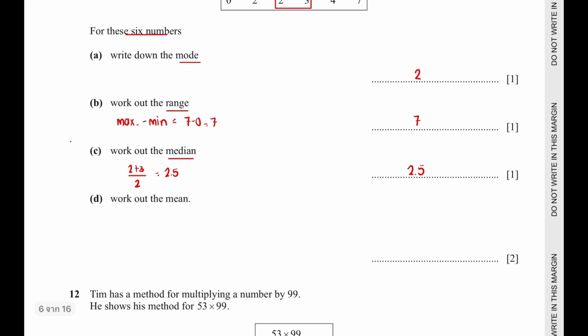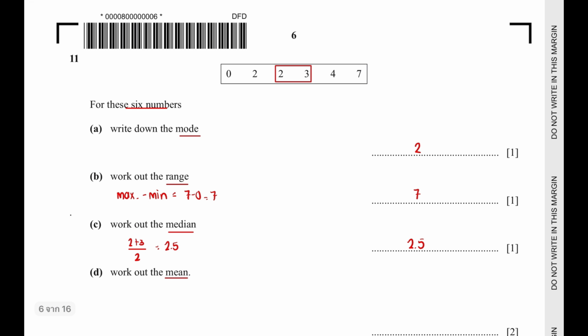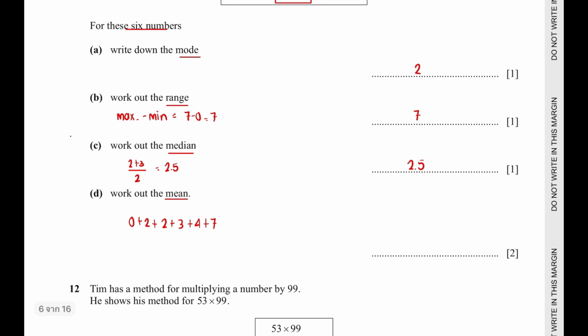And then work out the mean. So mean equal to 0 plus 2 plus 2 plus 3 plus 4 plus 7 divided by 6. So 7 plus 4 is 11, 11 plus 7 is 18, 18 over 6, which is equal to 3.